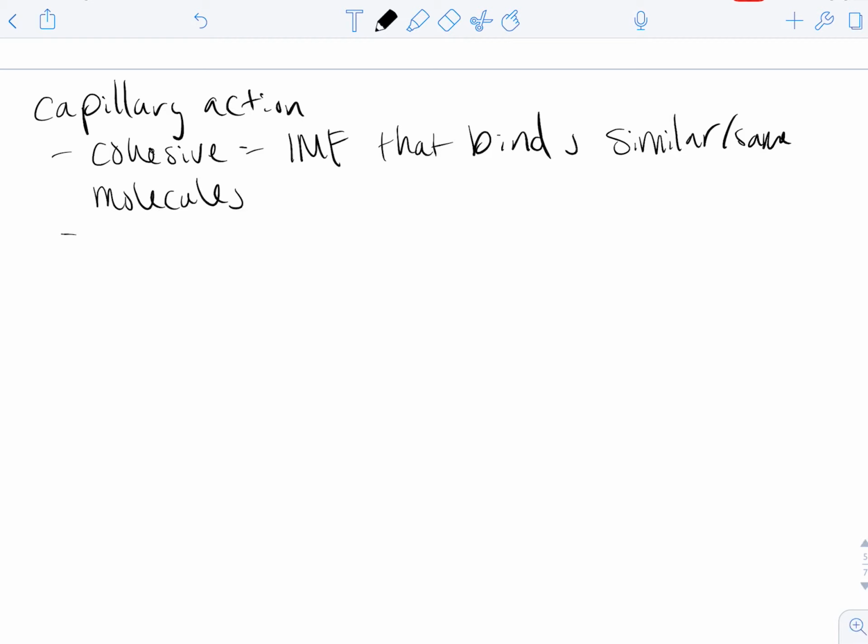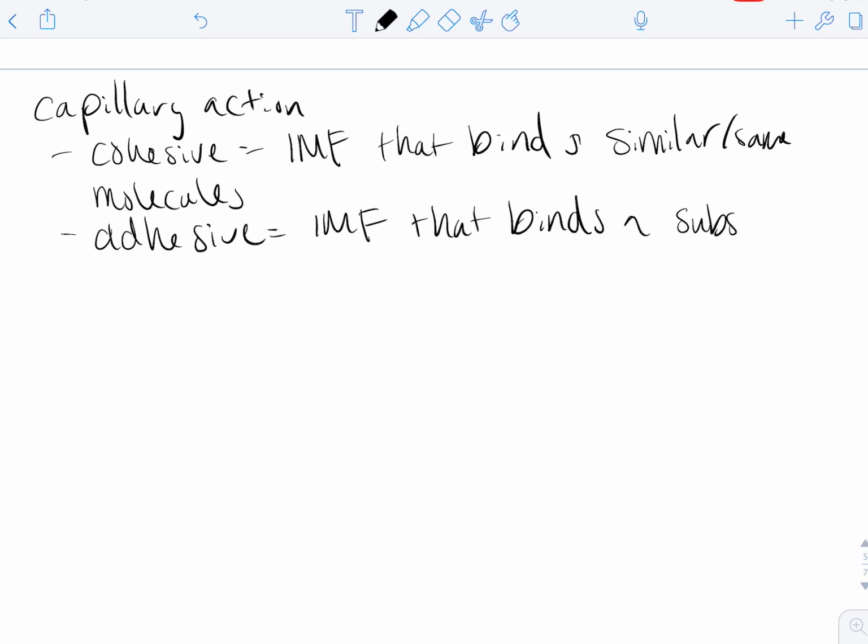And then an adhesive force is an intermolecular force that binds substances to a surface. So capillary action is an interplay between cohesive and adhesive forces.